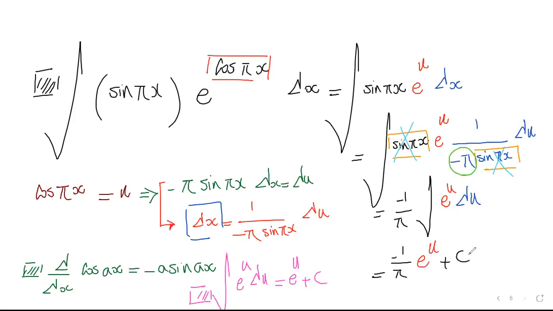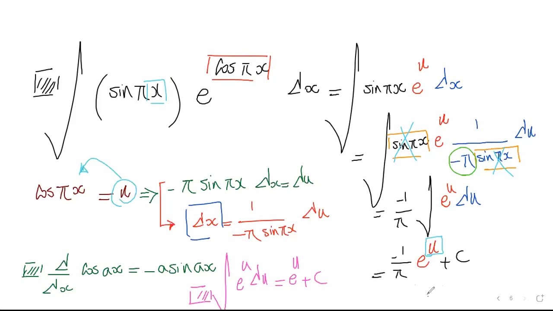However, now you have someone speaking in German, because this is expressed in terms of u, but originally someone was speaking in English, which is x. Now we have to translate this. I know u is cosine pi x. Let's translate that.